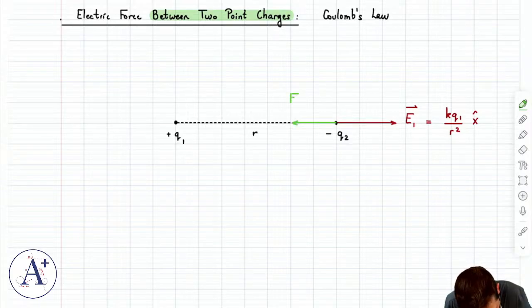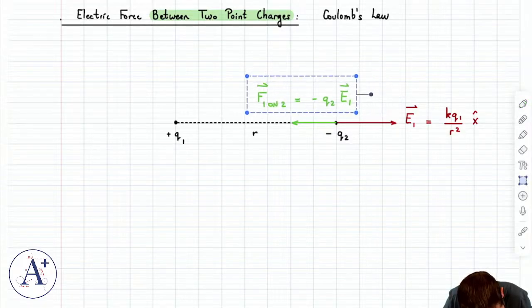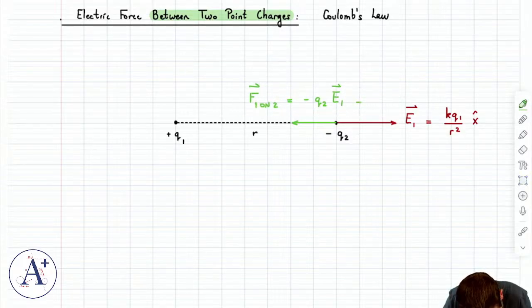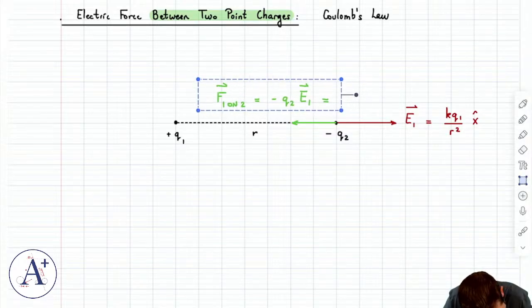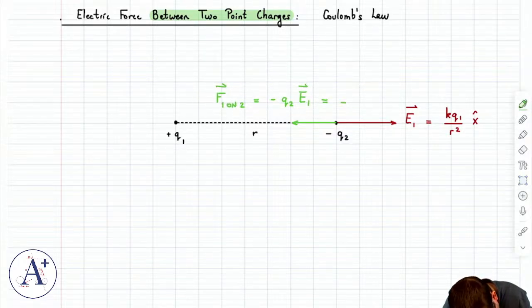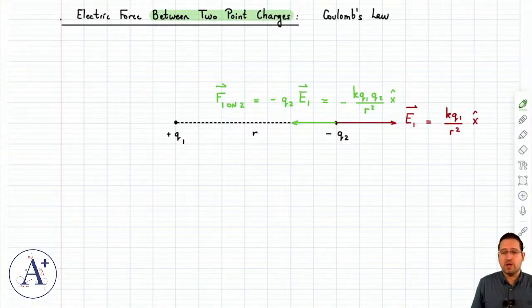This is going to be the force of 1 on 2, and it's going to be minus Q2 times E1, which is going to be minus K Q1 Q2 divided by R squared X hat. Okay? Now this is consistent with opposites attract. Fair enough.